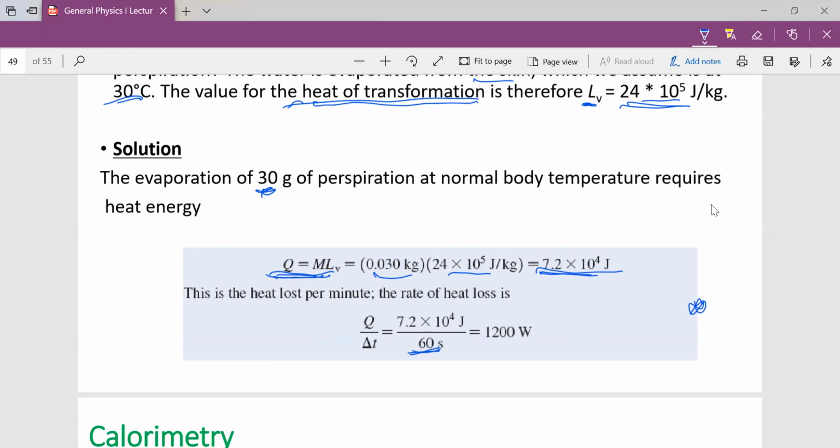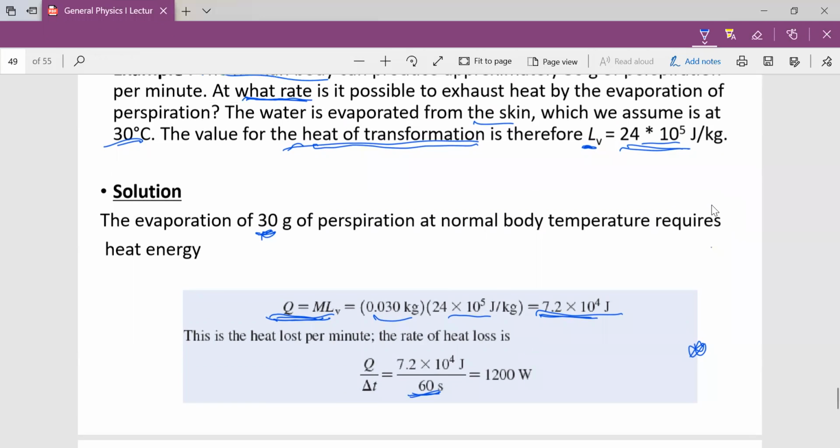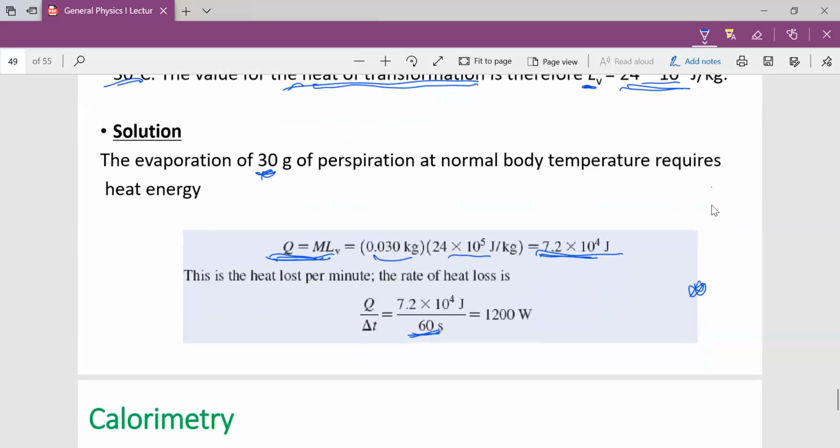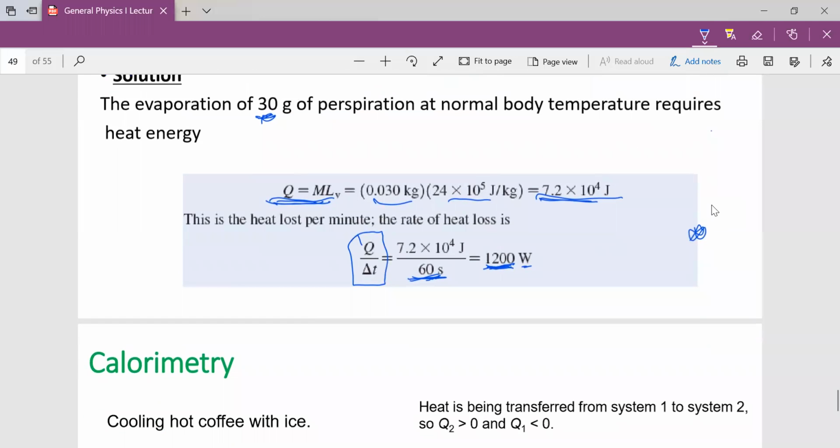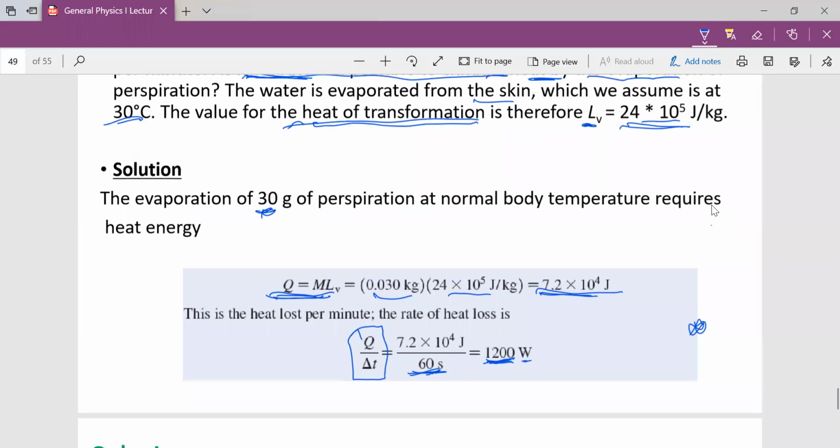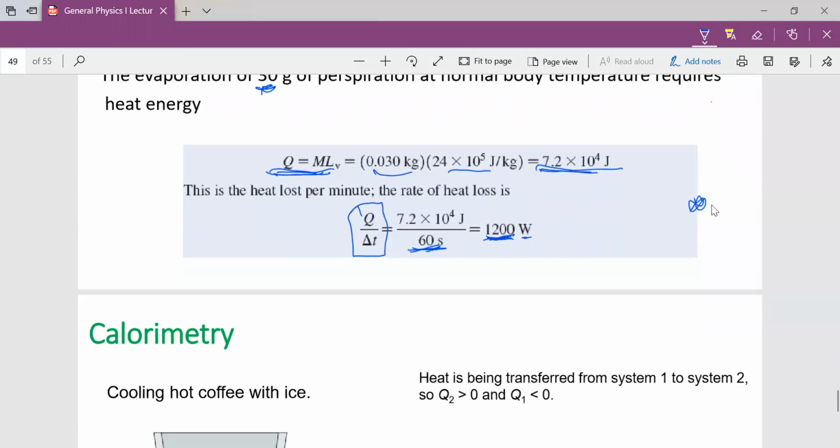So we'll have the rate for that to happen, to exhaust the heat for vaporization of the sweat you get at that temperature, to be 1,200 watts. So Q over change in T for a minute, which we now use as 60 seconds, gave us 1,200 watts. So this is the equation we use to calculate the rate for heat of transformation for a system.